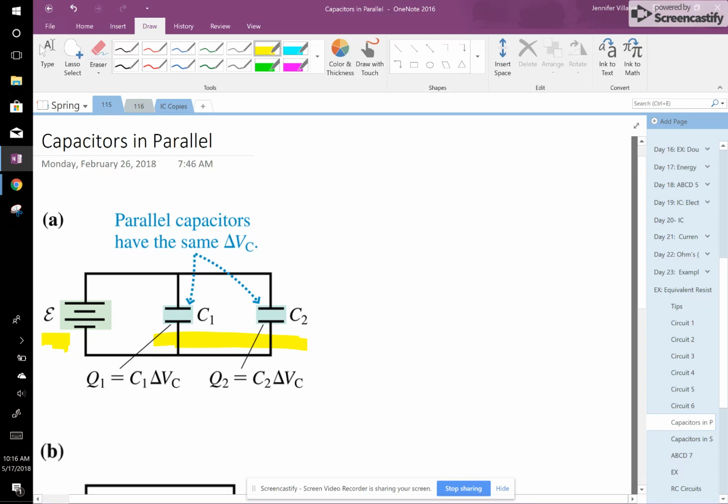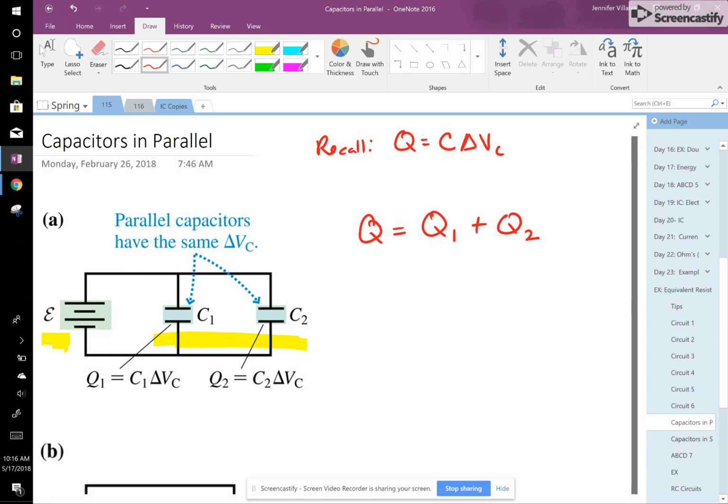And so when we talk about this circuit, we can talk about the total charge that is being provided, and the total charge that can be stored here will include the charge that's stored on capacitor 1 and the charge stored on capacitor 2. And I do just want to have you recall that for a capacitor, the charge is equal to the capacitance times the voltage drop across the capacitor.